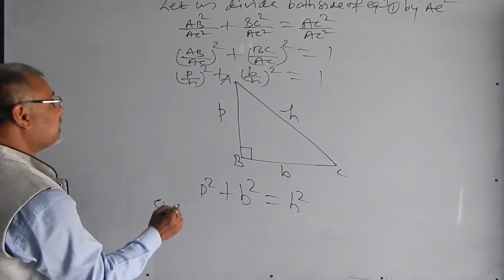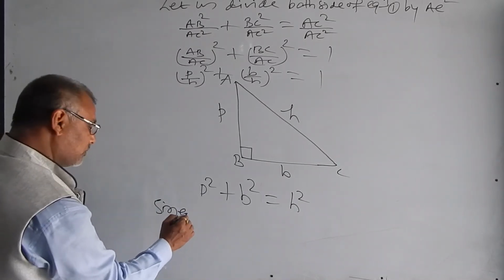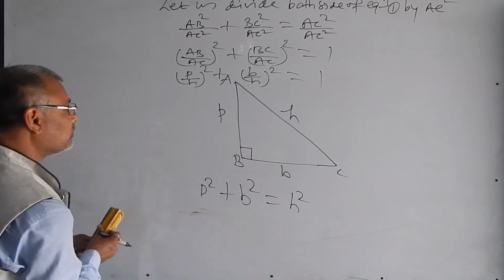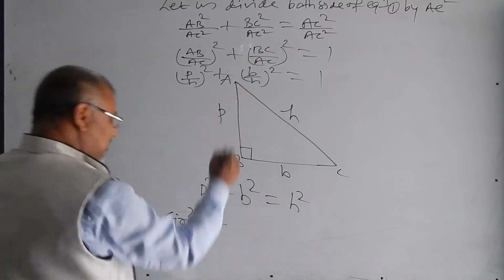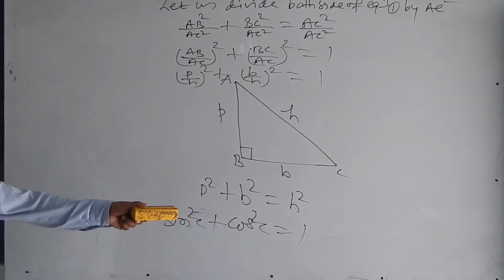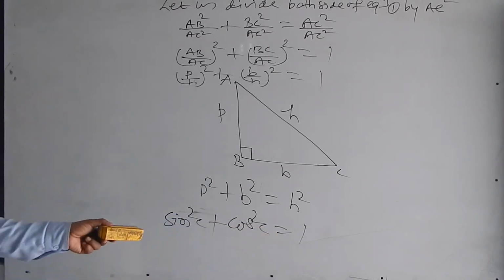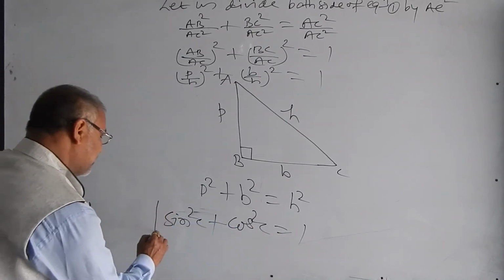Means sine square C plus cos square C is equal to 1, and this is the formula in trigonometry, and everywhere we use this formula in trigonometry.